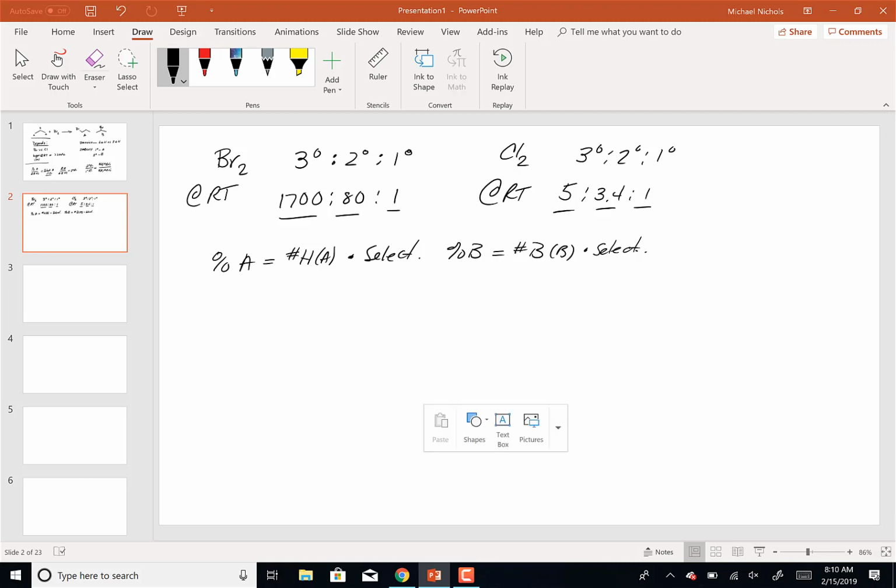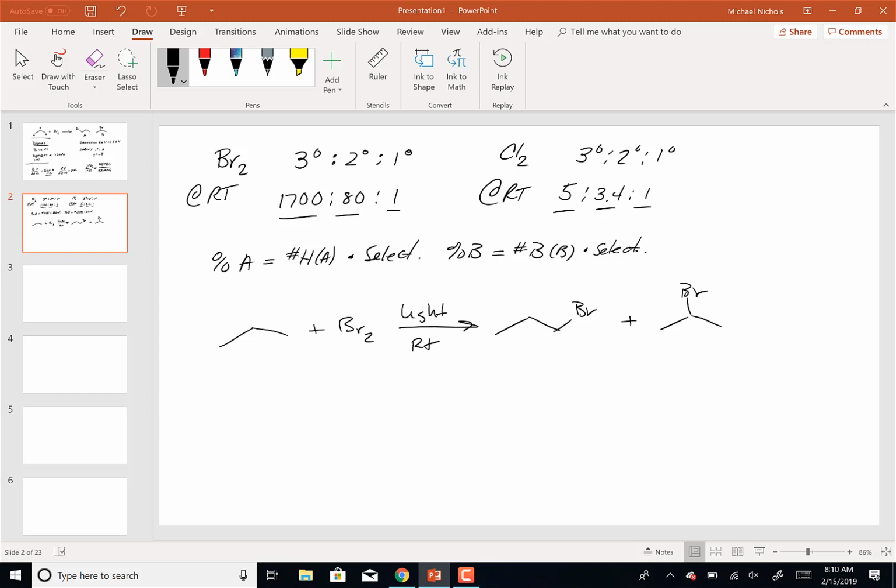So if I go back then to the original problem, and I'm just going to put the bromine over here, so that's still 1-bromopropane versus 2-bromopropane. What's the major product of this reaction? I'm doing this, let's say, with light, at room temperature. I can now go ahead and calculate.